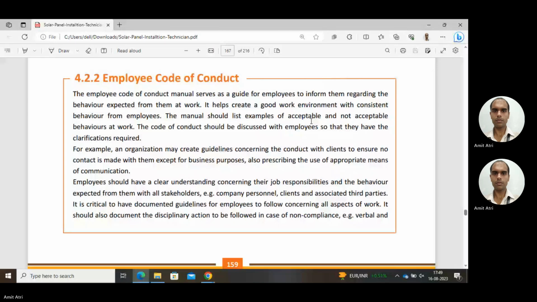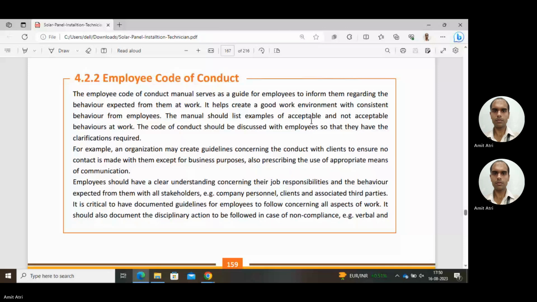The employee should have a clear understanding concerning their job responsibilities and the behavior expected from them with all stakeholders, like the company personnel, the officials in the industry or the organization, the clients, and the associated third parties involved in performing the different tasks or purposes which the company serves. So it is critical to have documented guidelines for employees to follow concerning all aspects of work.